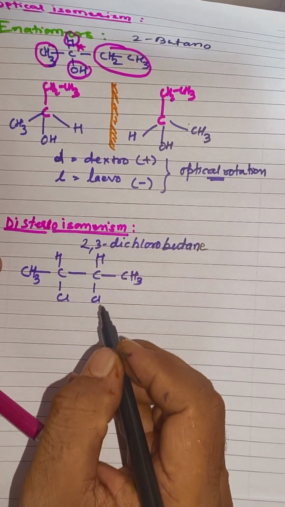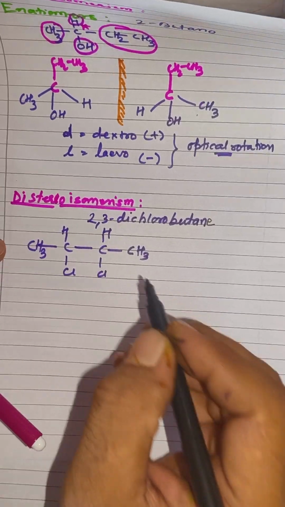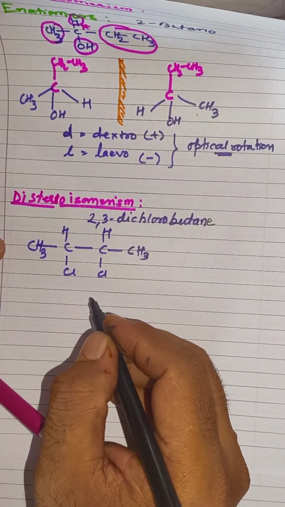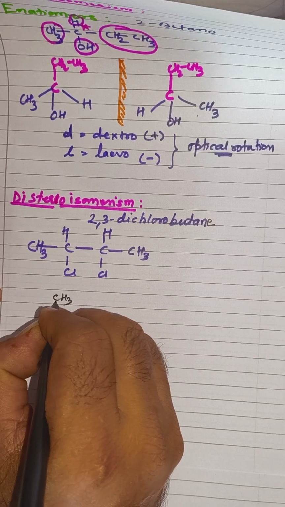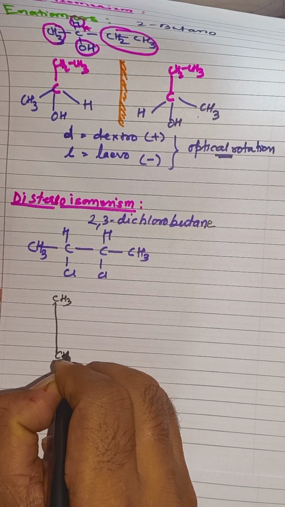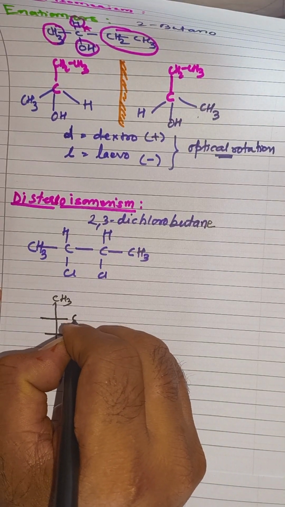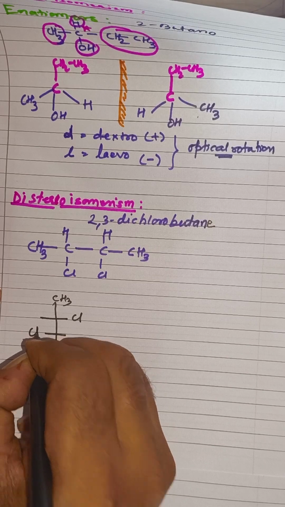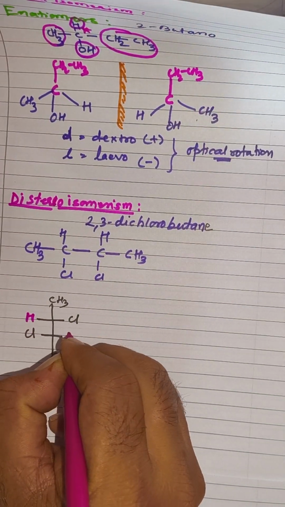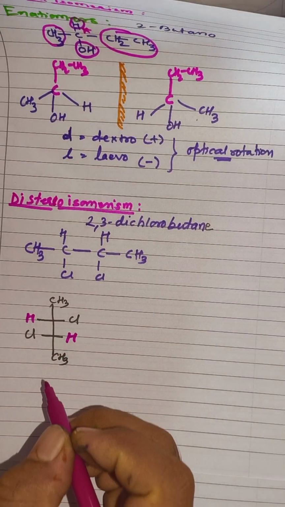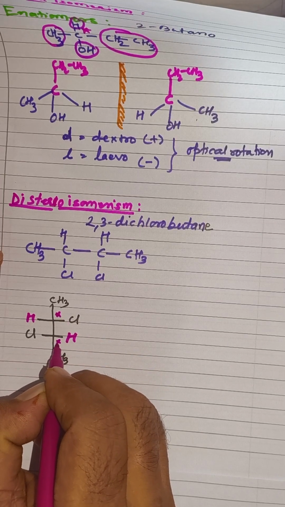Now, how can we show these diastereoisomers for these two compounds? For that we have to write the Fischer projection formula. We can understand very well with the help of this. So I can draw it here, one CH3 in Fischer, here is again your CH3, and there are two double bonds. If I take Cl this side, this Cl, and these are the two hydrogen atoms. Now you can see this is a chiral carbon, and this is again a chiral carbon.